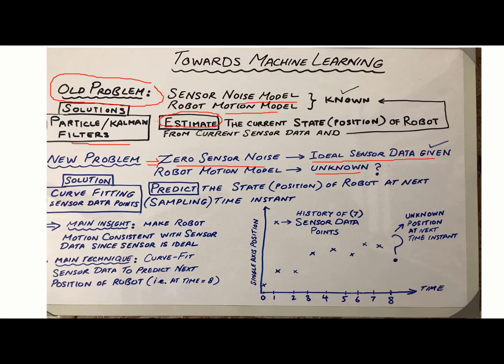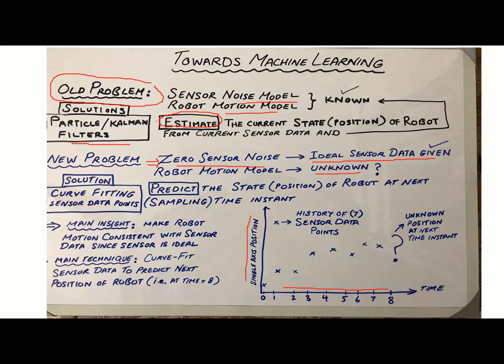Imagine if a robot is moving in a 2D plane, then here, just for the sake of simplicity, I'm plotting the position of a robot with respect to a single axis. You can just call this the x-axis position of the robot here. And on the horizontal axis, we have time.